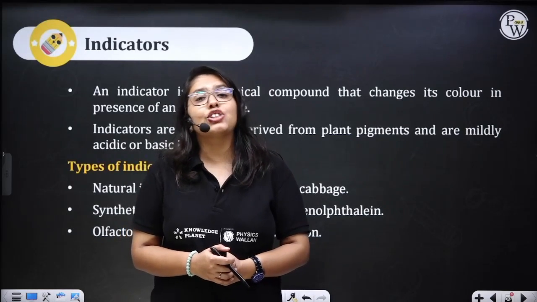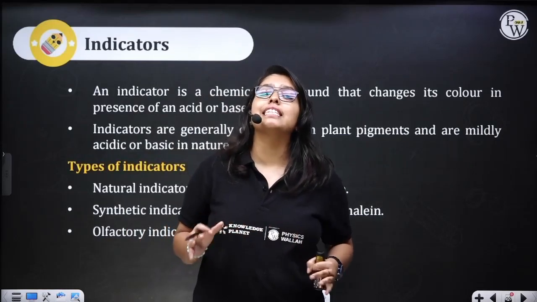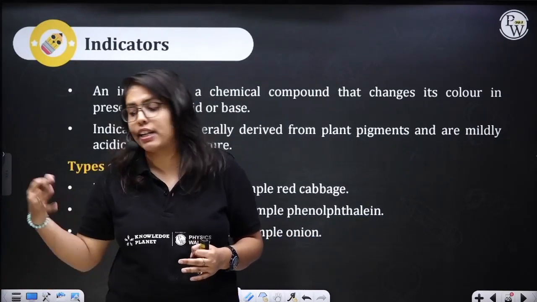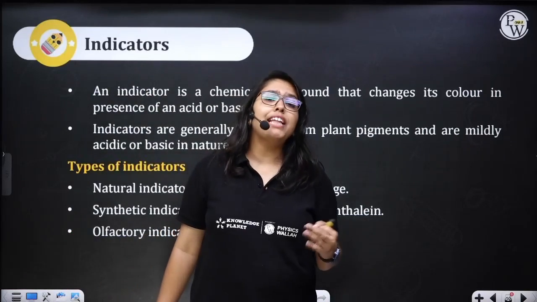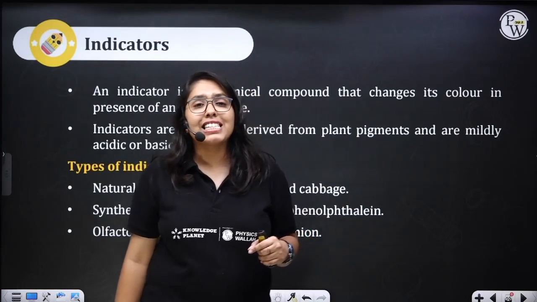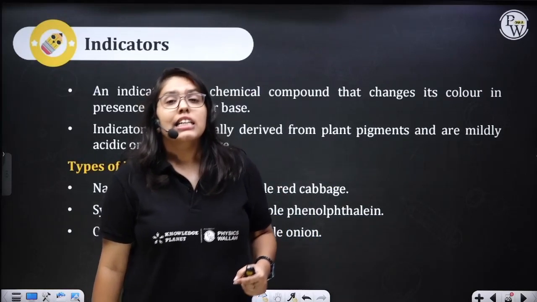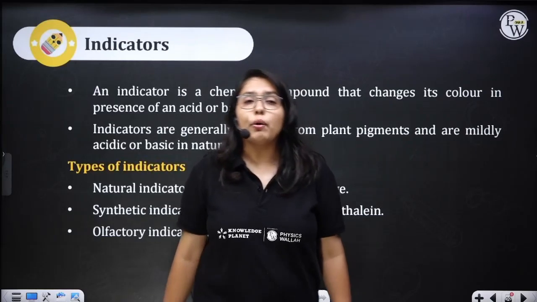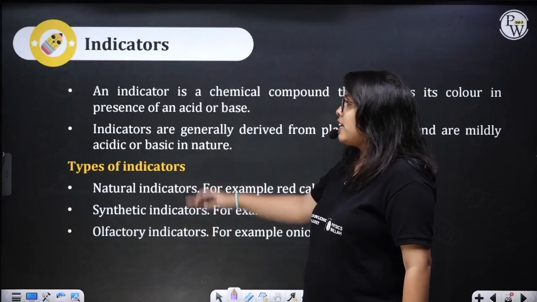If there is a change in color, we can determine whether the given solution is an acid or a base or neutral. But if there is a change in smell, such indicators are known as olfactory indicators. These are the types of indicators that you can see.